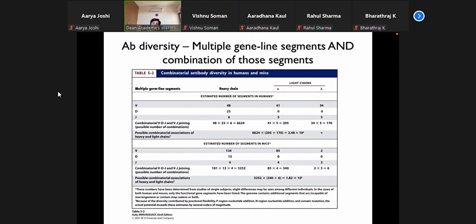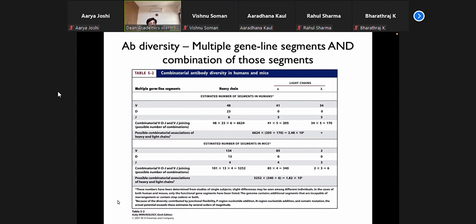So then these other processes take care of, to some level, what diversity you are able to achieve. And one of the dominant mechanisms is TdT activity.